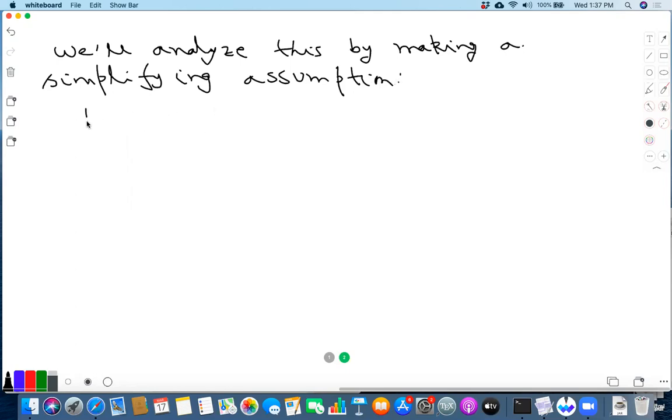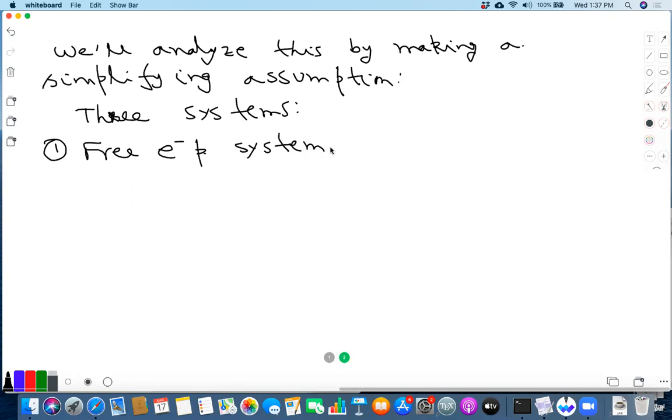And that involves 3 systems. First is the free electron proton system with variable Ne describing the number density of free electrons.